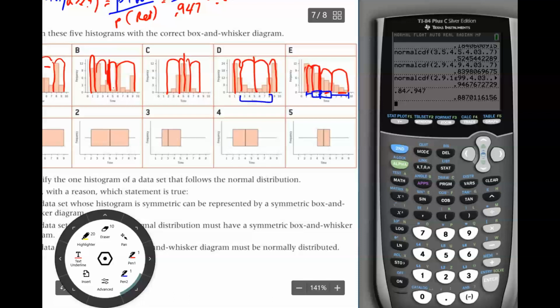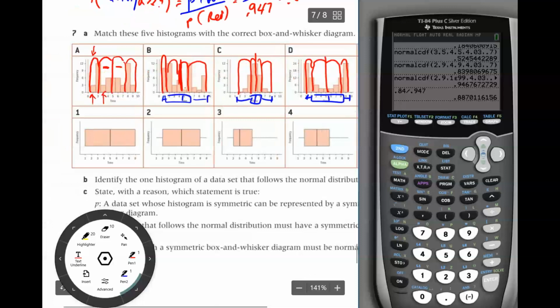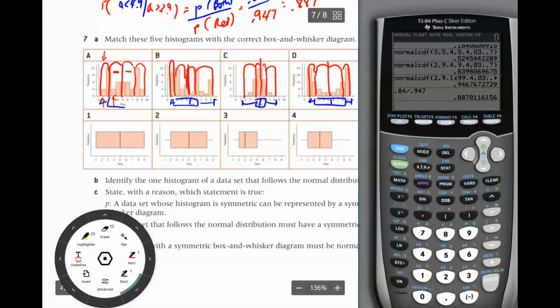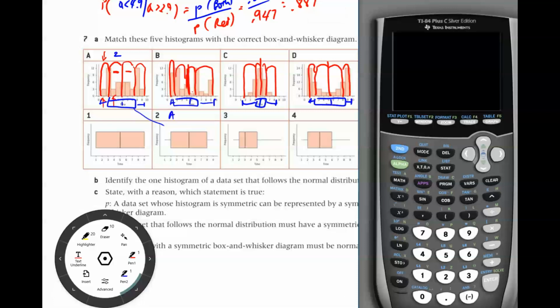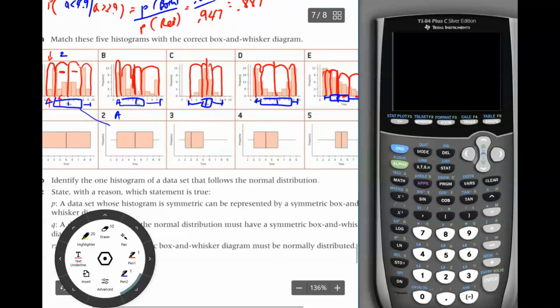This shape, this shape, this shape, this shape, and last of all, this shape. Okay, so doesn't this one look like 2? Let's see. What about D?